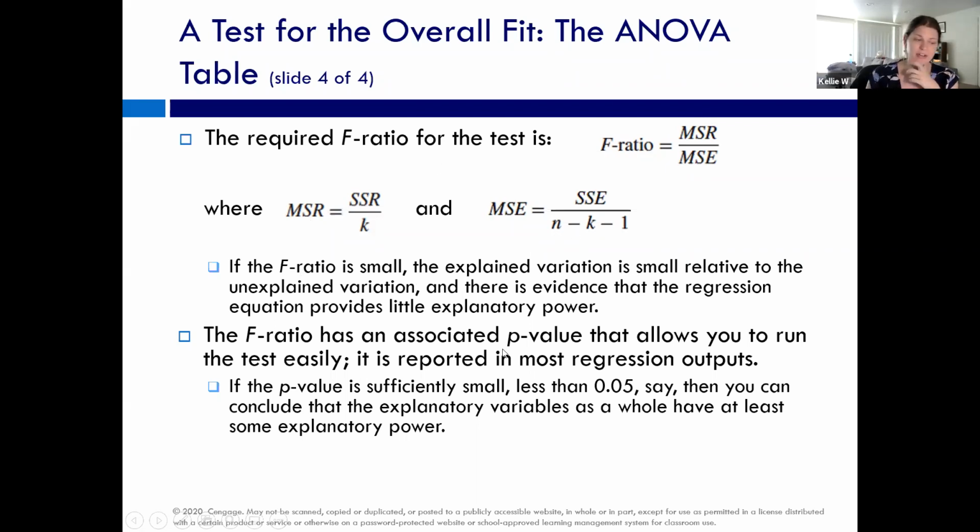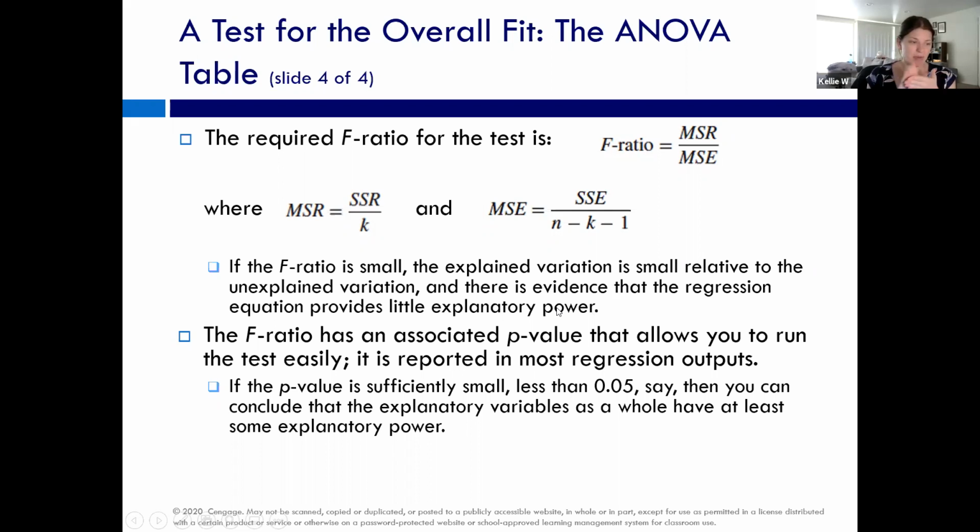So if the F ratio is small, the explained variation is small relative to the unexplained, so that's bad. If it's large, that means the explained variation is high relative to the unexplained. So you want the explained variation to be much higher than the unexplained variation. That's all that's saying.